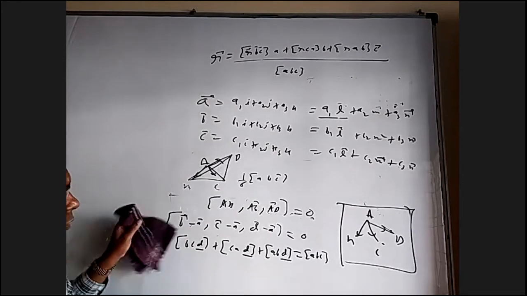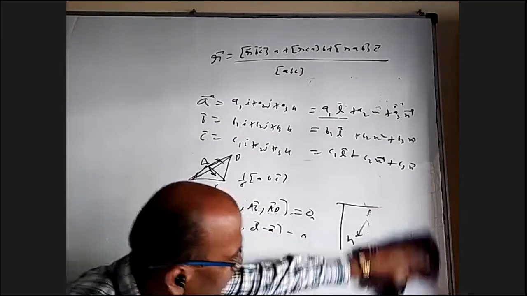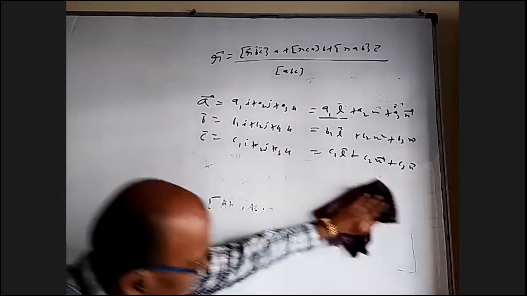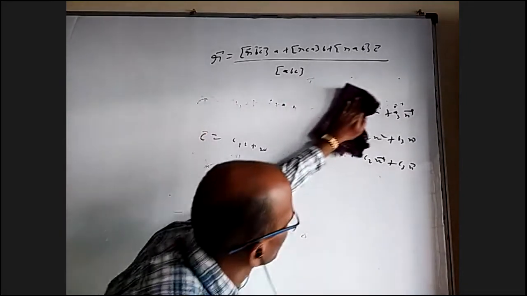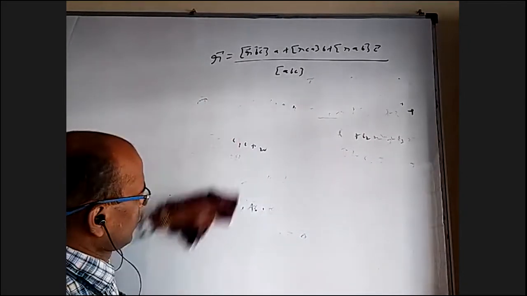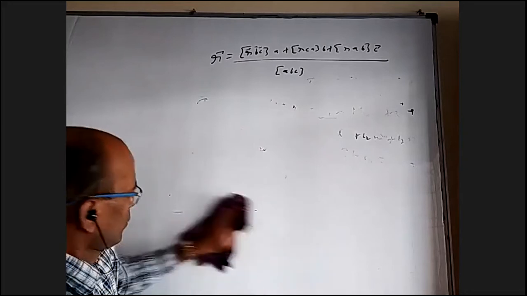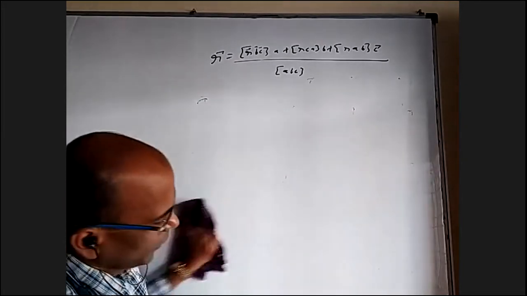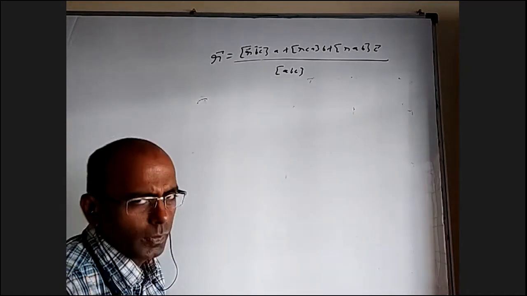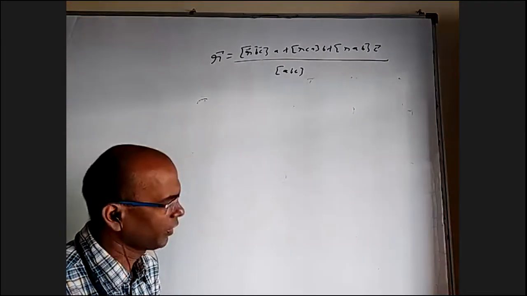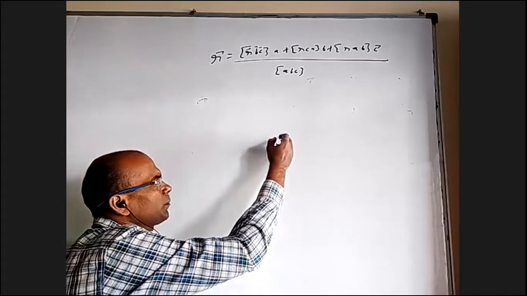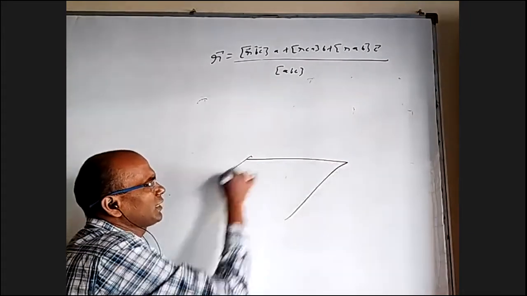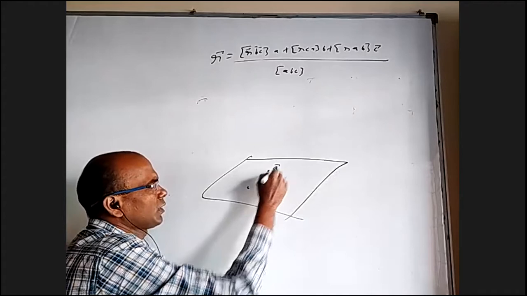One more thing I want to tell. We'll discuss the equation of plane and all after a while. But let us say there is a plane containing 3 points with position vectors A bar, B bar, C bar.